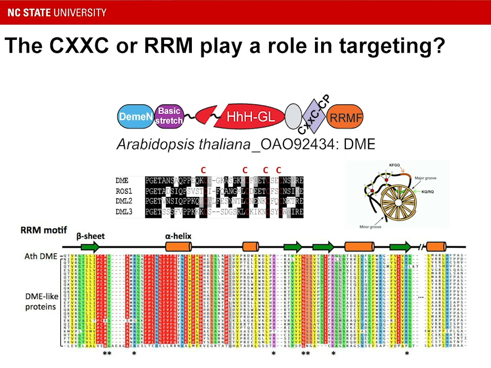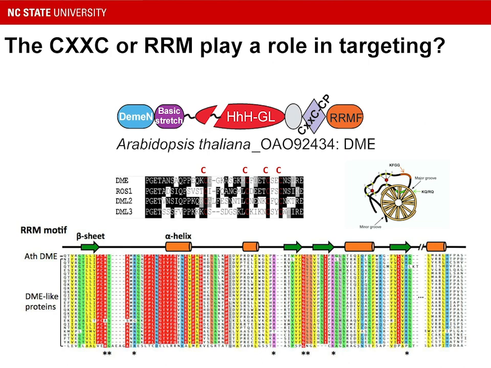Both of them have been implicated in epigenetic regulation. The mammalian CXXC is a zinc finger protein that can distinguish methylated versus unmethylated cytosine. So we think that this most likely is at least one part of the major mechanism of directing the protein.